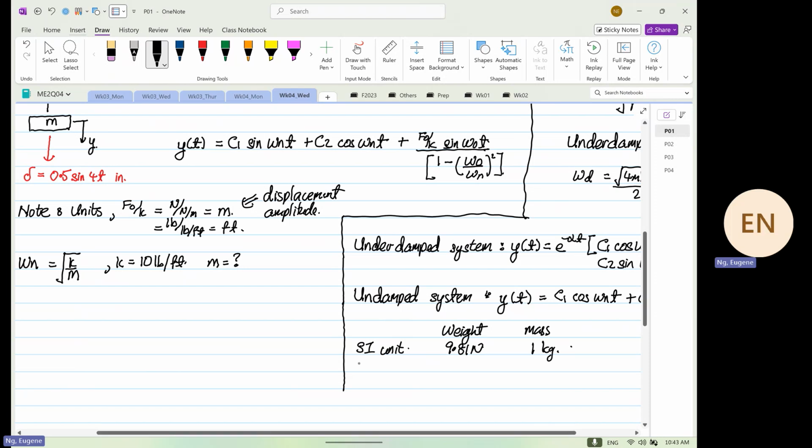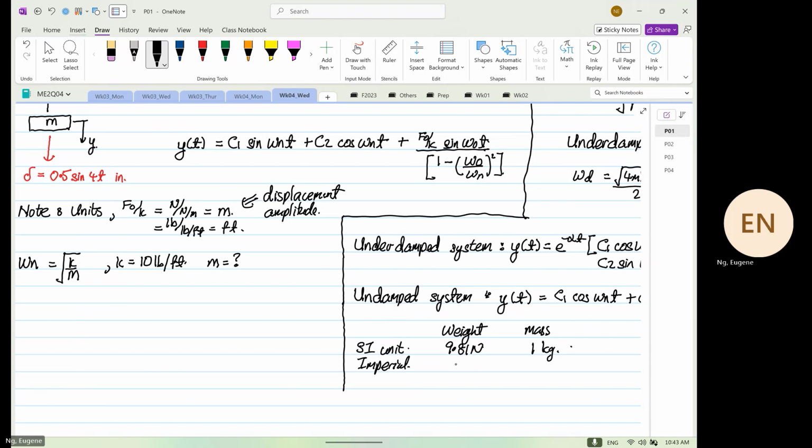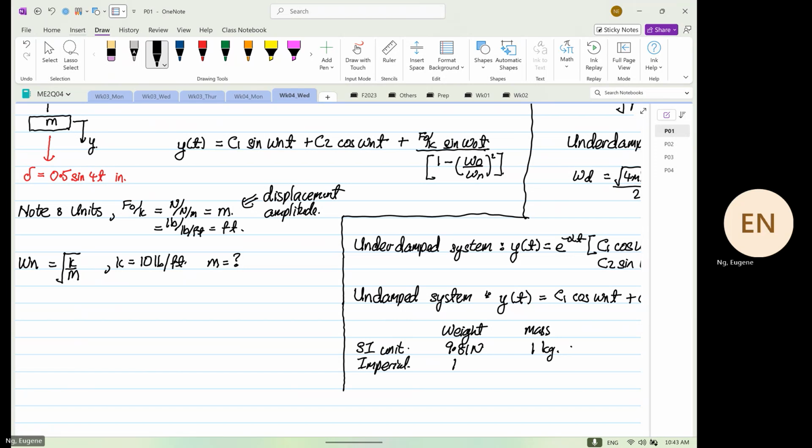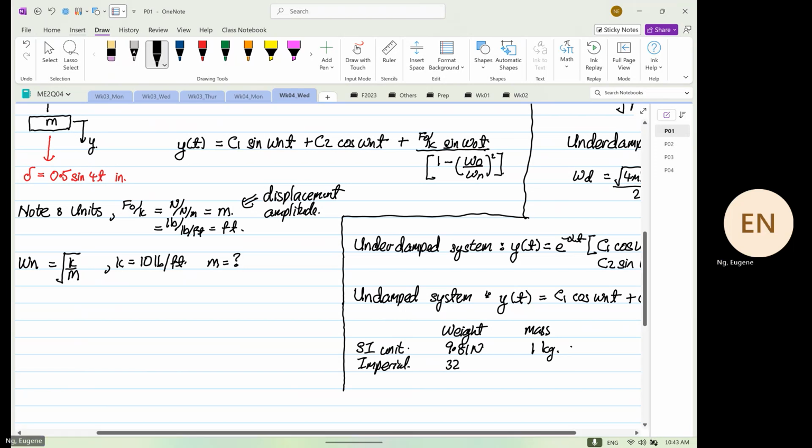In imperial, you have 1 slug, or 32.2 pounds is equal to what?